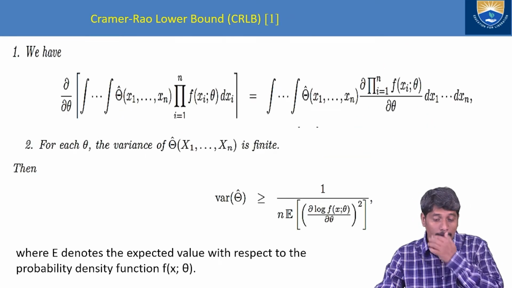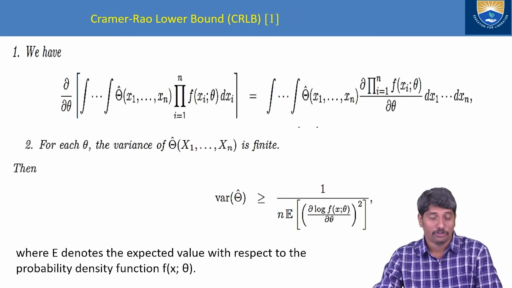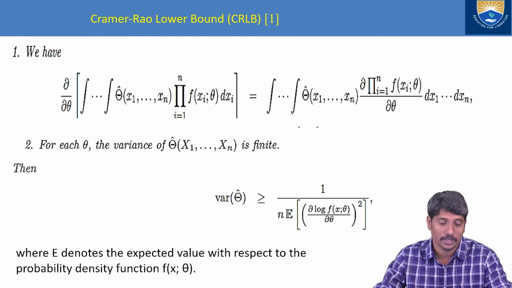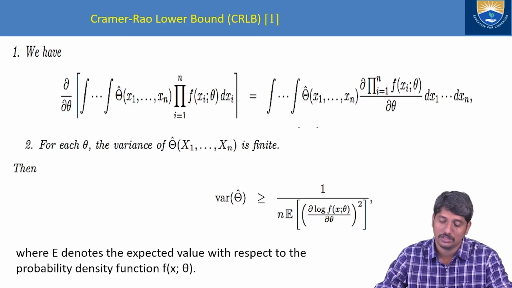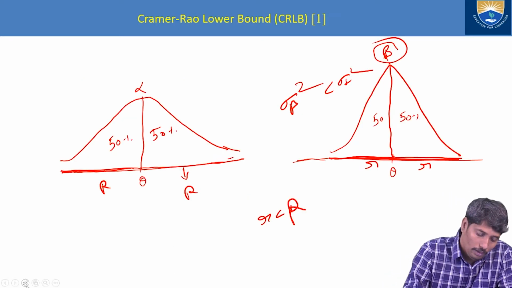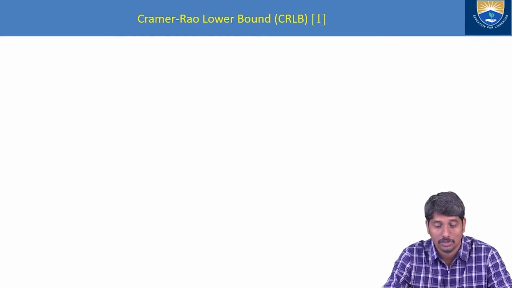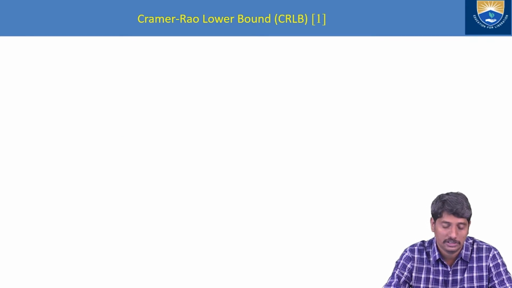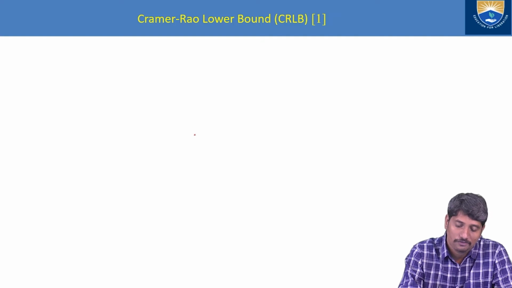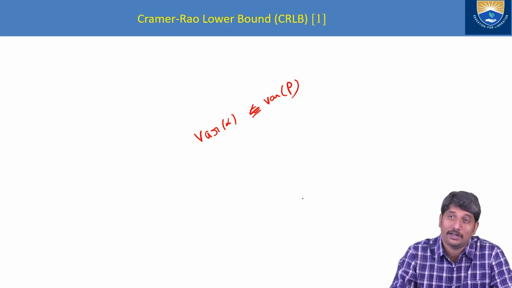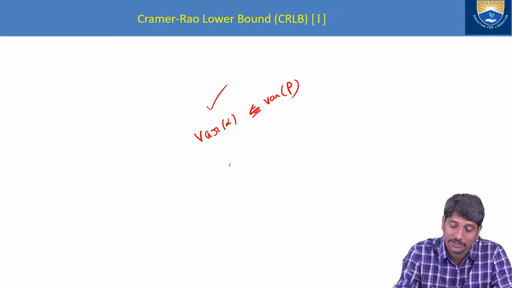Now we are going to derive the proof of the Cramer-Rao lower bound, which we have discussed in the last class. What is the motivation behind the Cramer-Rao lower bound? Why should we learn it? Practically, we learned that if variance of alpha is less than variance of beta, and both alpha and beta are unbiased, then alpha is called efficient.